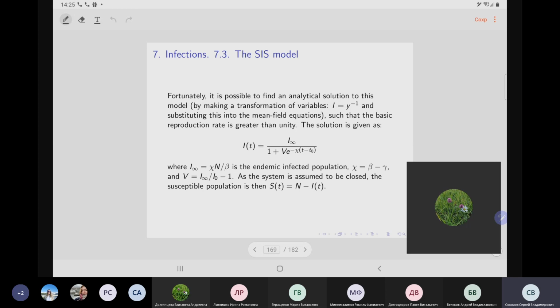And moreover, one can find the exact solution of the equation using the substitution I equal to inverse y. Finally, the general solution of the equation is given in this form with some constants I infinity and v.